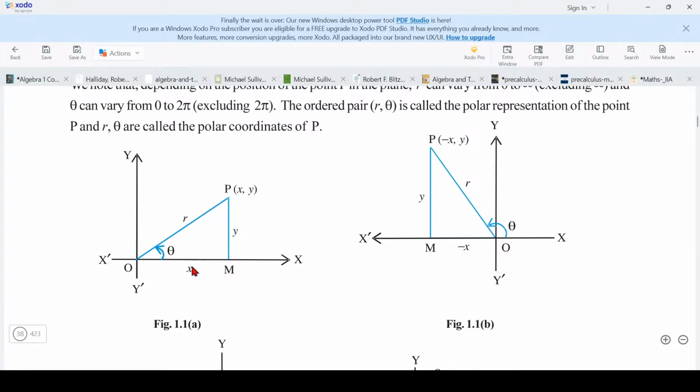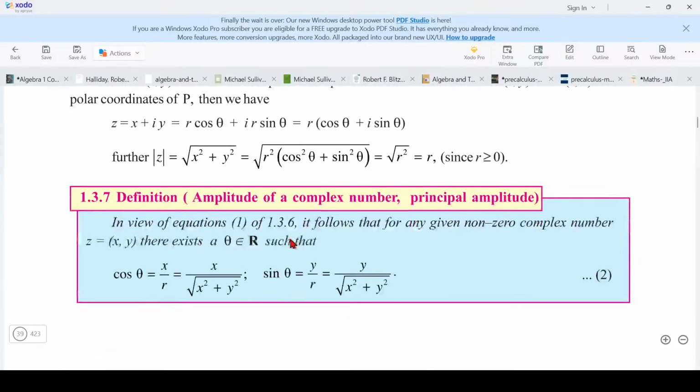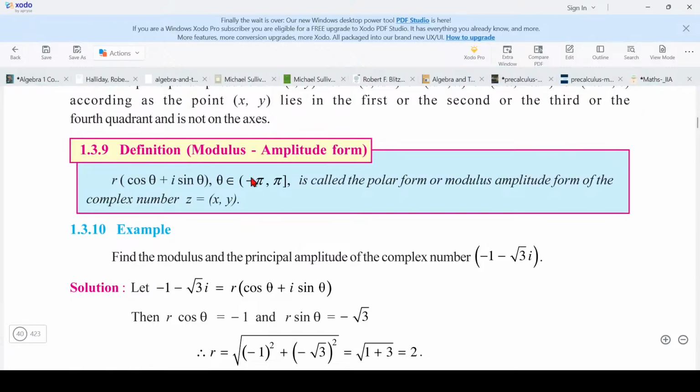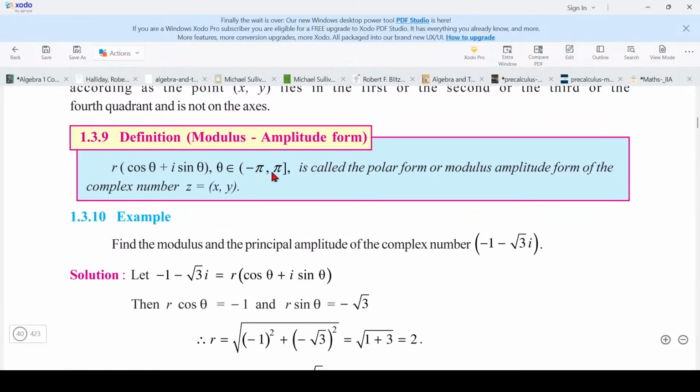Similarly, if you are given rectangular form, you can convert it to polar form. How do you convert? The square root of x square plus y square equals r, and tan inverse of y by x equals theta. So the modulus and amplitude, this theta should lie between minus pi and pi.